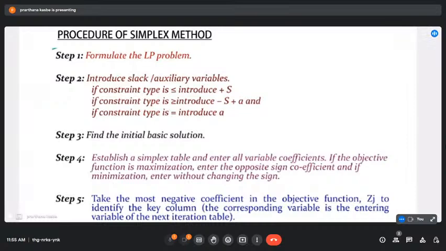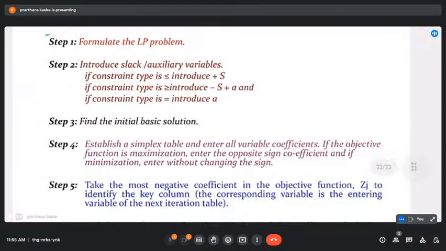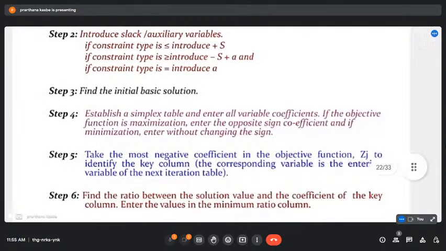If the constraint type is less than or equal to, introduce plus slack, plus S. If the constraint type is greater than or equal to, introduce minus surplus plus A, that is artificial. If the constraint type is equal to, introduce artificial. So find the initial basic solution.